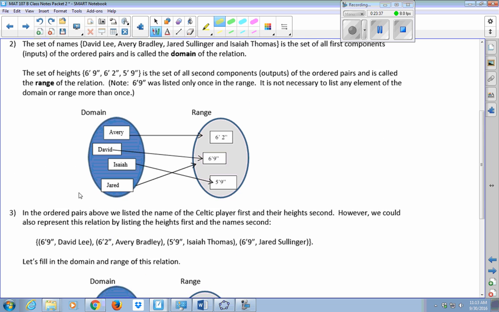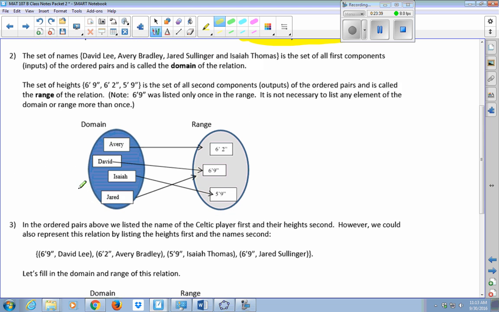Okay, so let's play a little bit with this now. If we represented the domain and range with these Venn diagrams, we would list each of the first components in our domain on the left side, and the range on the right side would have 3 elements because we have a height that's repeated, so we only list it once.